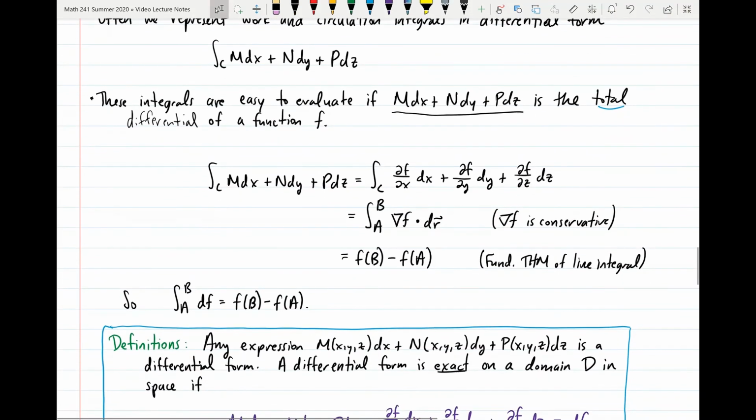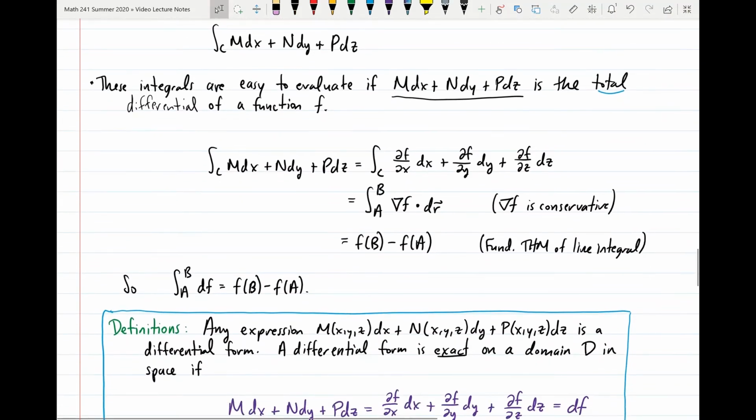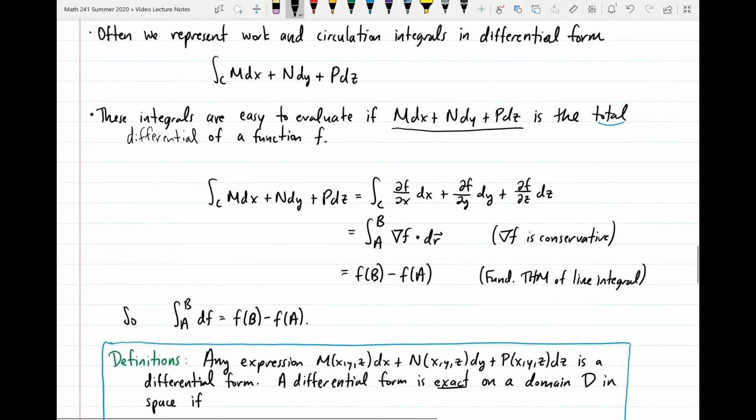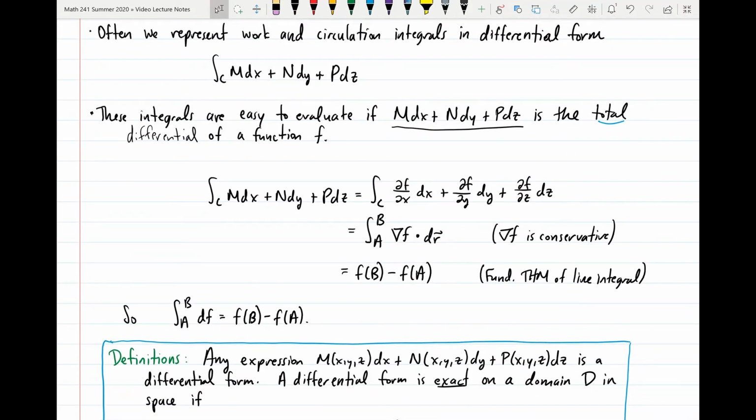And so assume that this is the case, and we'll show why these are relatively easy to evaluate. So let A and B be 2 points in the domain here, connected by some curve C. And now say we want to evaluate the line integral of m dx plus n dy plus p dz over this curve C connecting A and B.